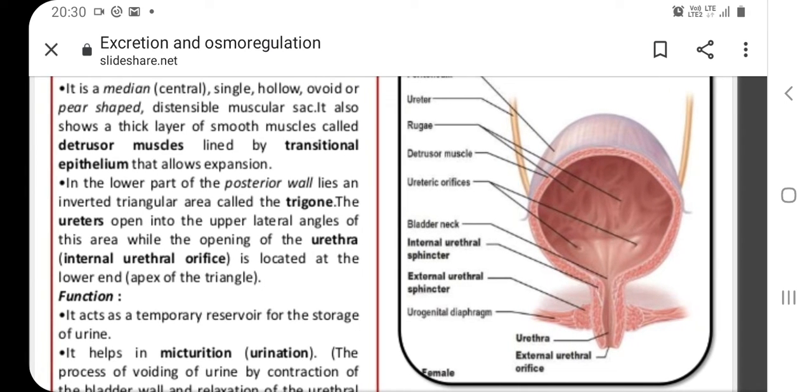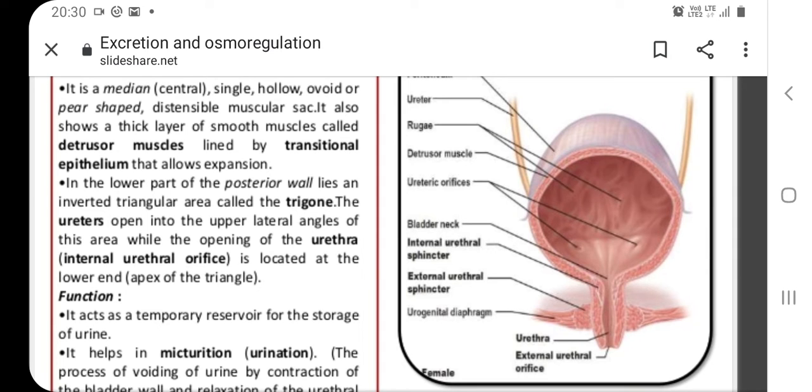In the lower part of the posterior wall lies an inverted triangular area called the trigone. The ureter opens into the upper lateral angle of this area, while the opening of the urethra is located at the lower end of the triangle.